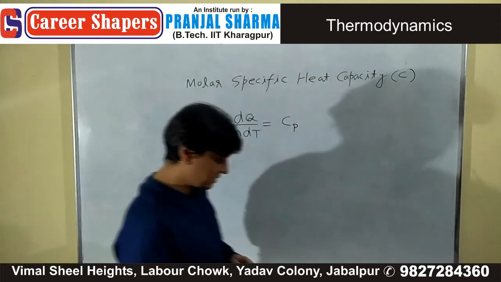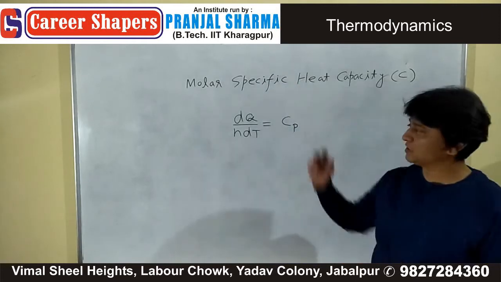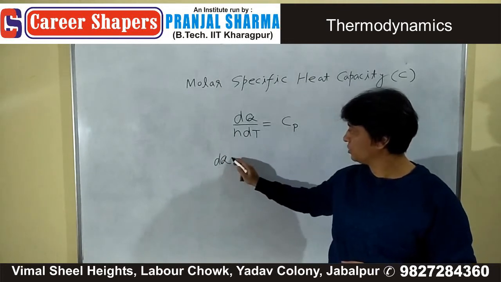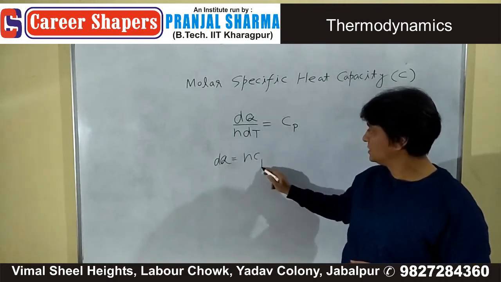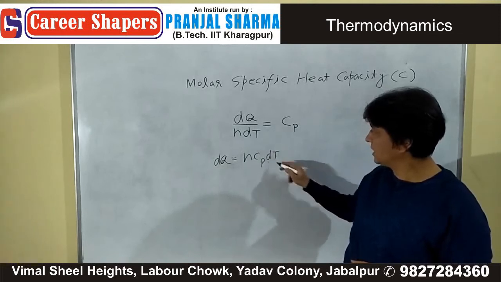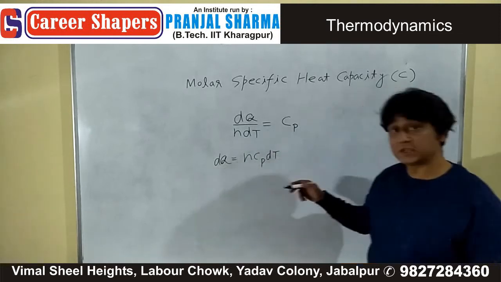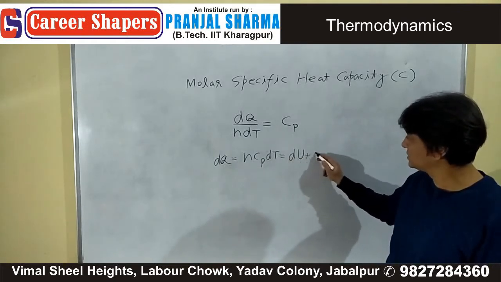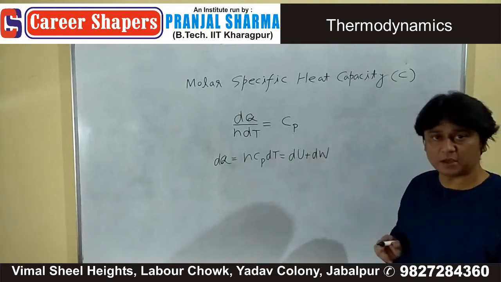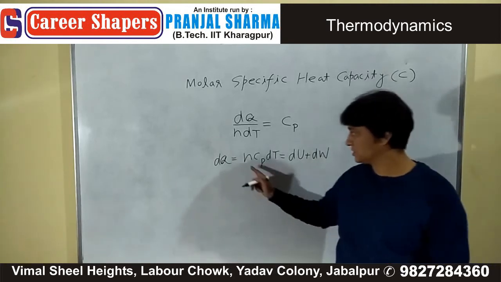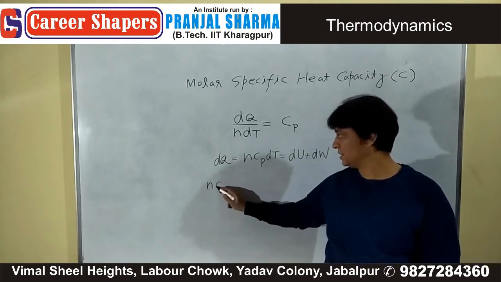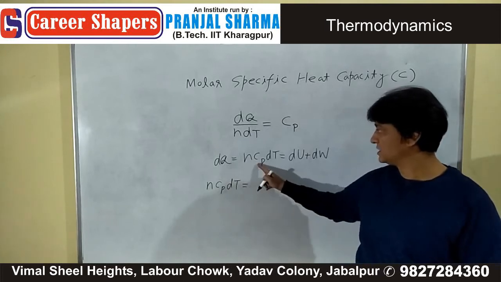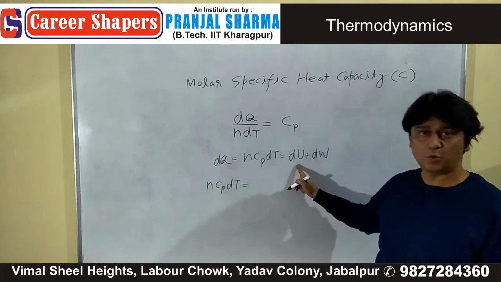Cp. If this is Cp, then first thing, we can write dQ as nCp dT. But what is dQ? First law says that dQ is always dU plus dW, which means this nCp dT is what? dU plus dW. What is dU?